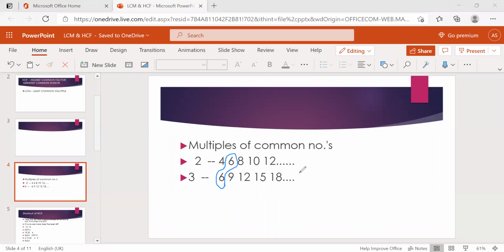Among common multiples, the least common multiple is the LCM. So it may be 12 also, but we have to consider the LCM, which is 6, right? And like that.